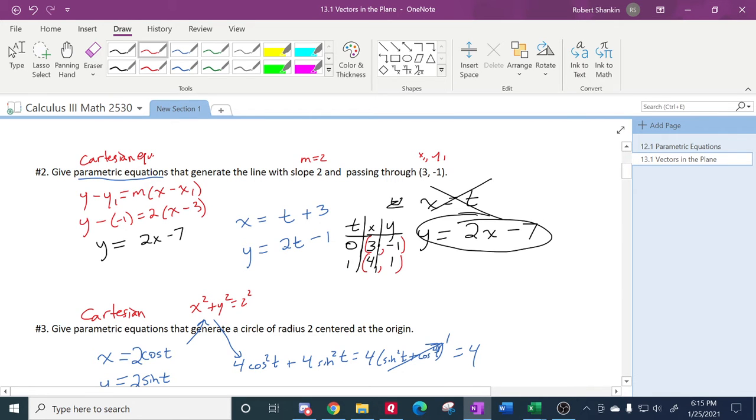And then we can actually look at things like speed. How fast was it going? Well, just like you were saying, Kylie, this could be 1 hour. In that 1 hour, we move from this point 3, negative 1. Now we can graph this thing a little bit. From 3, negative 1 to the point 4, 1.